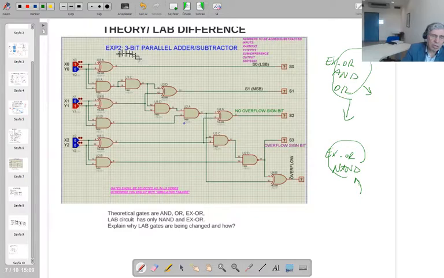That's why we use this circuit in the lab. But the full adder, half adder structure hasn't been changed. Only the OR gate was replaced by a NAND gate, and the AND gate has been replaced as well. So you could consider these transitions in this circuit easy to do.